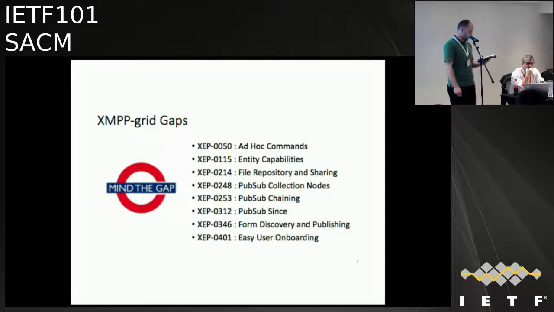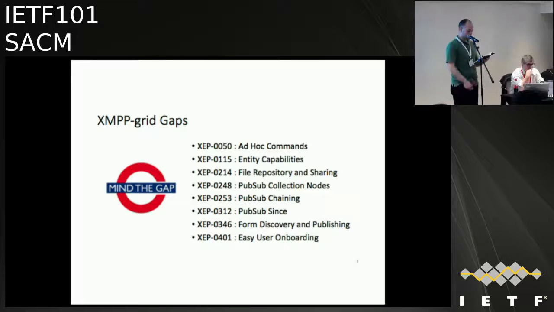The file repository and sharing. In our case, we had large files that we were using as data sources to perform that assessment. It allows us to find and retrieve those files using PubSub, so it works in cahoots with PubSub. PubSub collection nodes allow grouping of PubSub topics by capabilities or OS, other logical hierarchies and things like that.